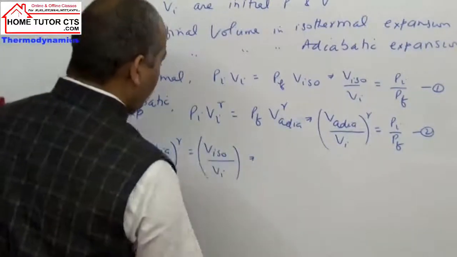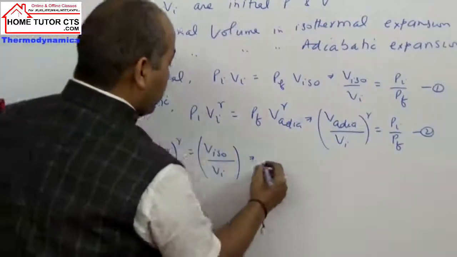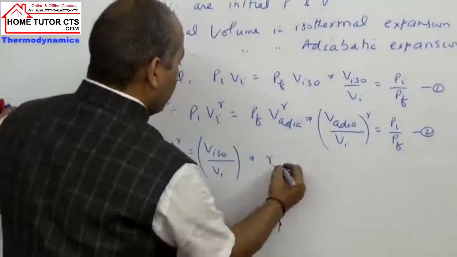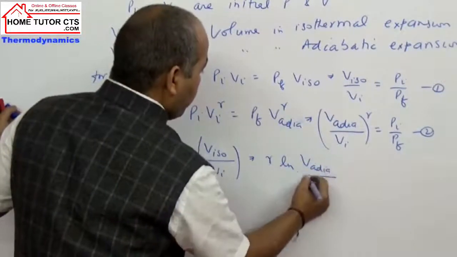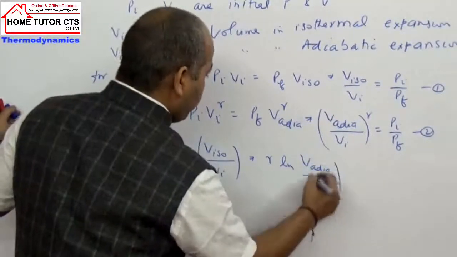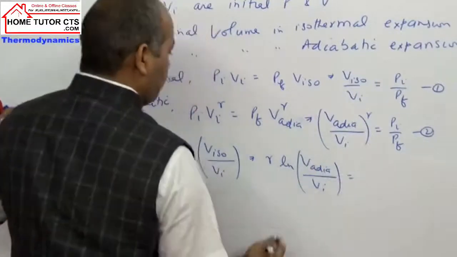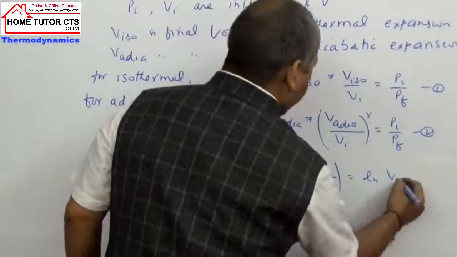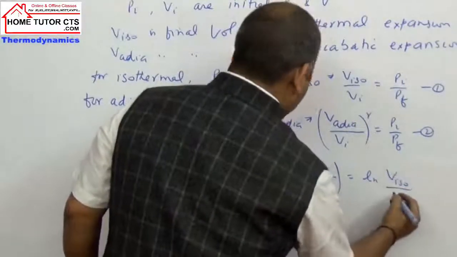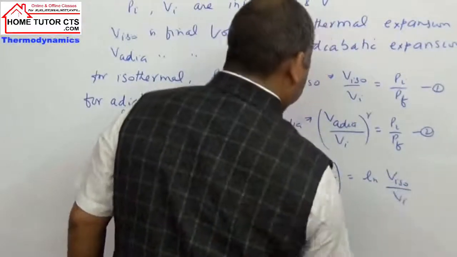If I write using log, I can write here gamma ln V adia by V initial is equal to ln V iso by V initial.